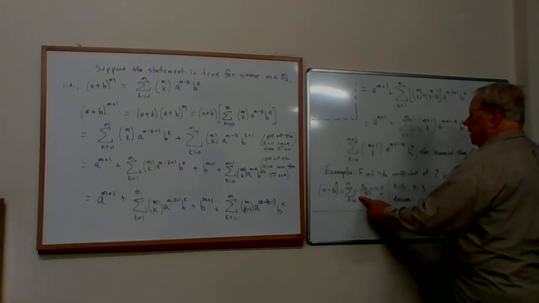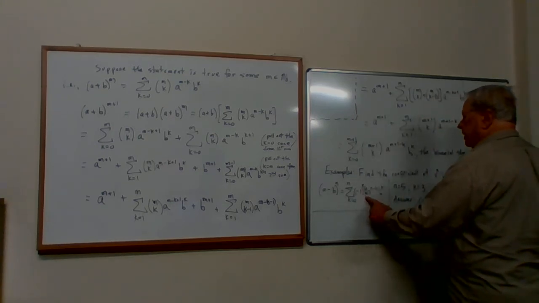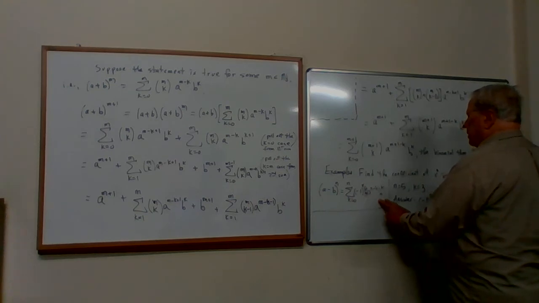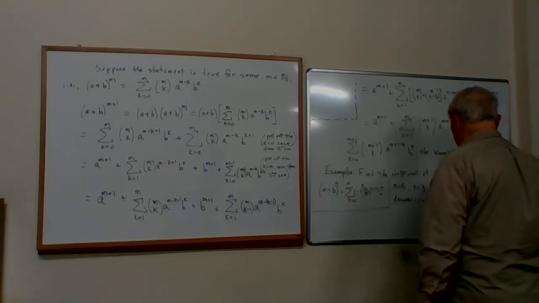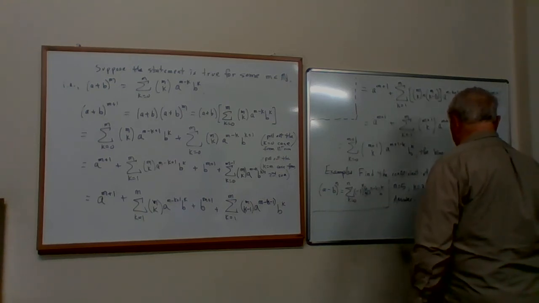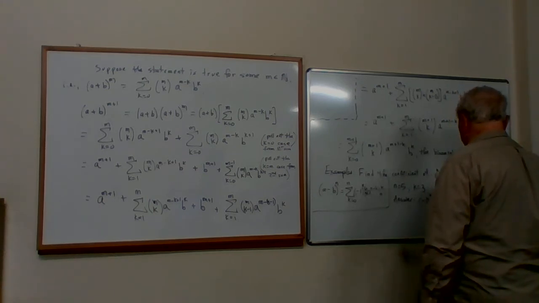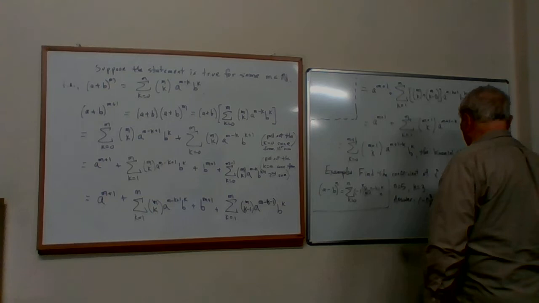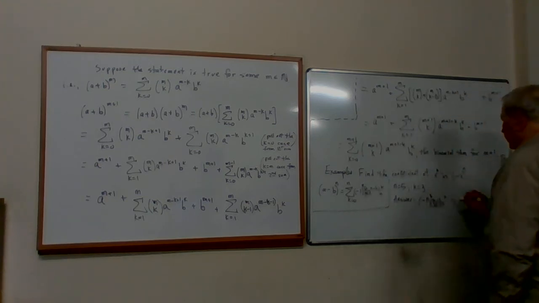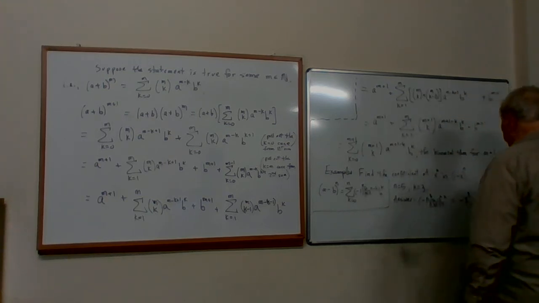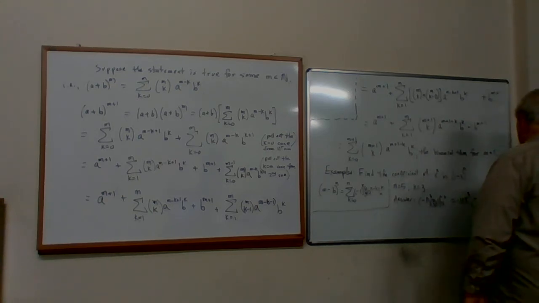Minus 1 to the k, n choose k, a to the n minus k, b to the k. So in here I've got 5 choose 3 times 1 squared, which is equal to minus 10 x cubed. So the coefficient equals minus 10.